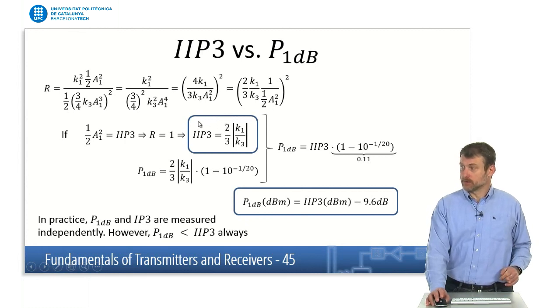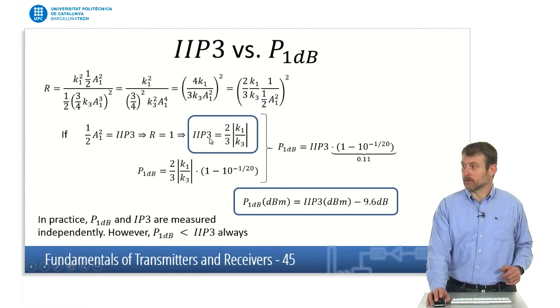And this gives us IP3, right? The third order intercept referred to the input, which is 2/3 of K1 divided by K3. So the third order intercept only depends on these nonlinear coefficients K1 and K3.